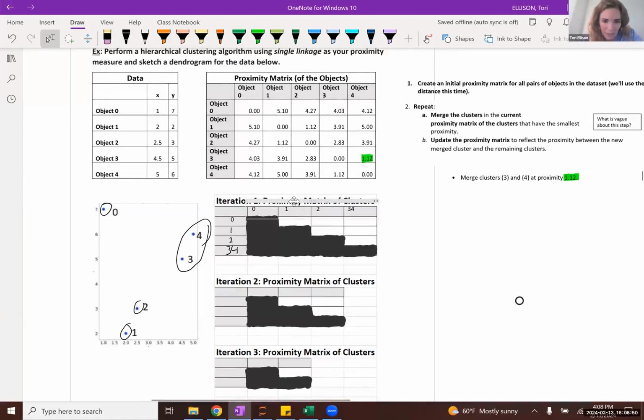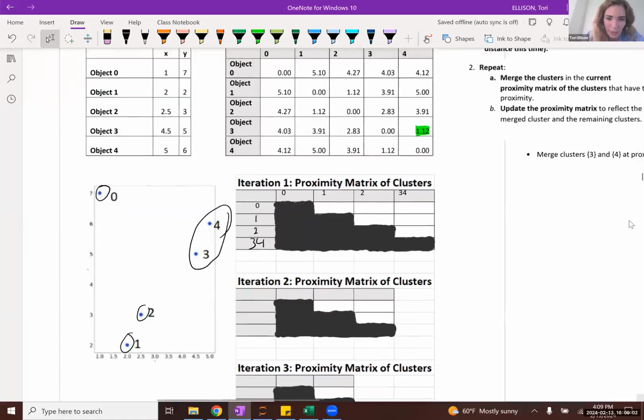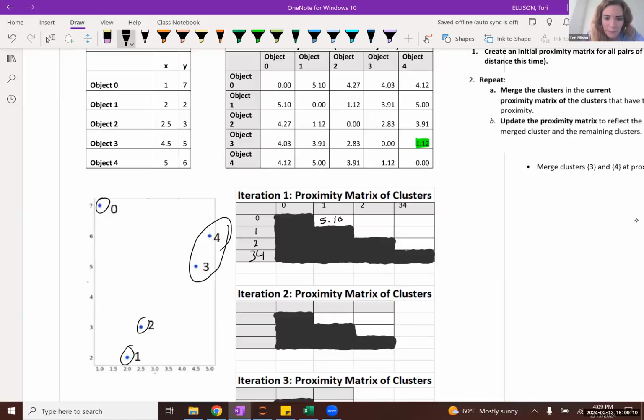Now, most of these distances don't actually require that much effort on our part to recalculate. So basically, the distance between cluster 0 and cluster 1, that's exactly the same. It's still just the distance between each of those points individually. So a lot of this we can simply just rewrite. So the distance between cluster 0 and cluster 2, that's still 4.27. The distance between cluster 1 and cluster 2, that's still 1.12. Now, what we actually need to figure out is the distance between cluster 3, 4 and 1, cluster 3, 4 and 2, and cluster 3, 4 and 0.